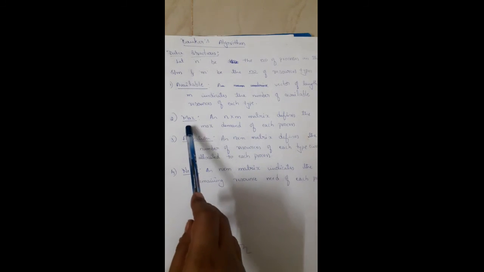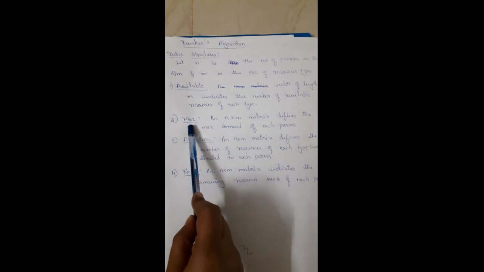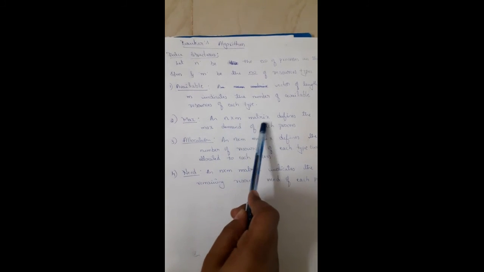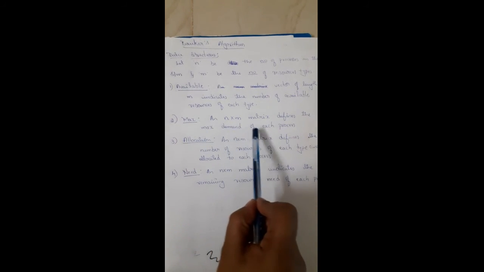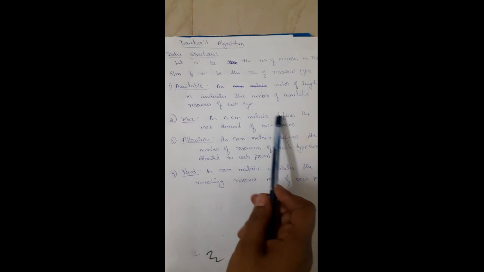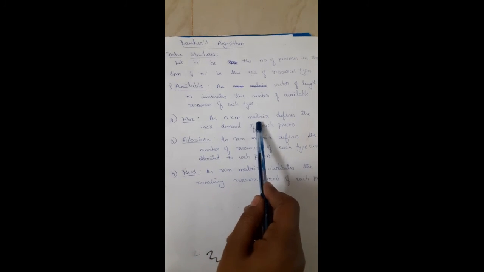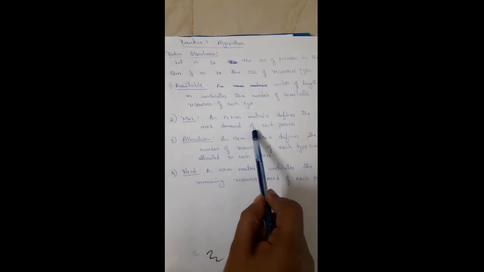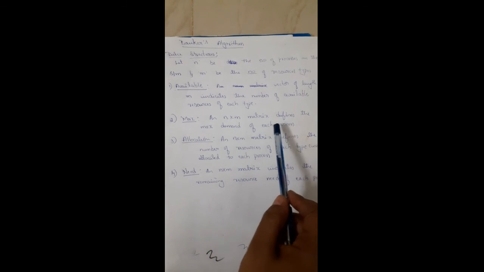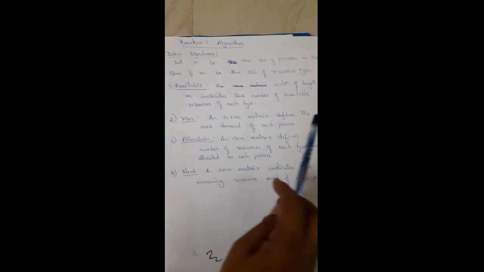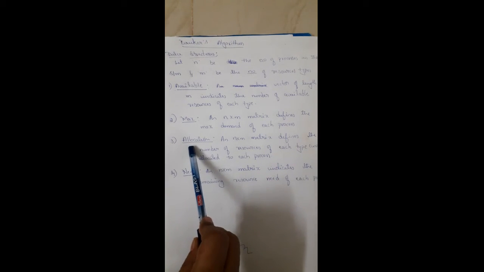Next is maximum or max. This is an n into m matrix which defines the maximum demand of each process. So this n into m matrix says the maximum demand of each process to complete its execution. Next, the third one is allocation.